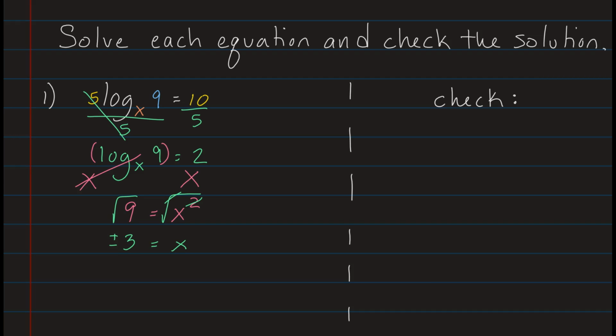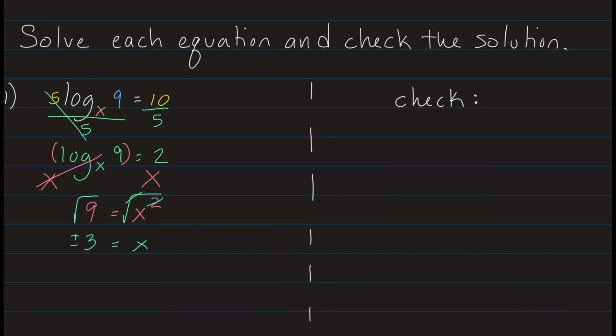So now I need to check my solutions. So I'm going to have to check 2 separate solutions here. The positive version of 3 and the negative version of 3. So let's start.